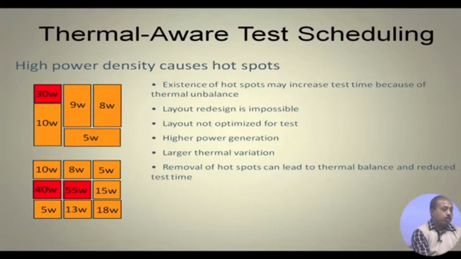It may create hot spots, like this one consuming 30 watts, this 40 watts, this 55 watts. Power densities may be high, and as a result there may be thermal imbalance. The existence of hot spots may increase test time because of thermal imbalance. The delay of the paths will not be correct, and we cannot test a portion if it is very much heated.